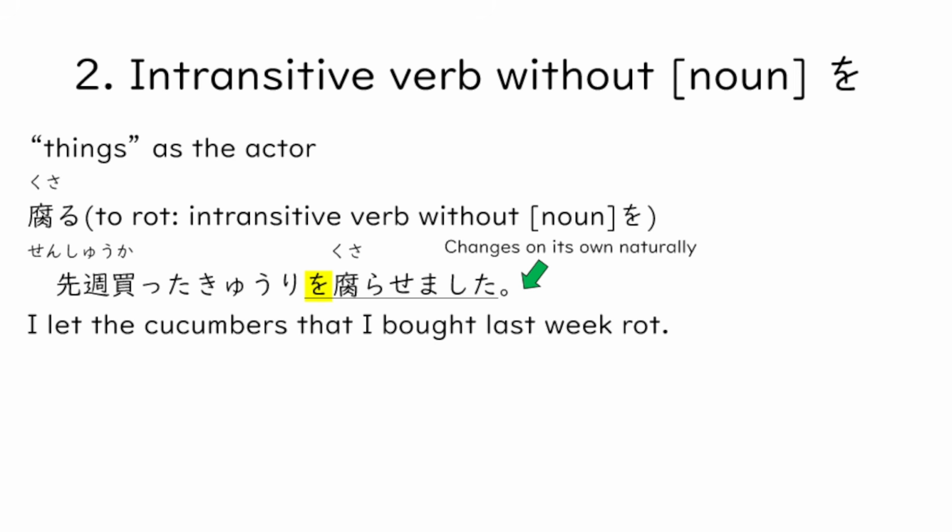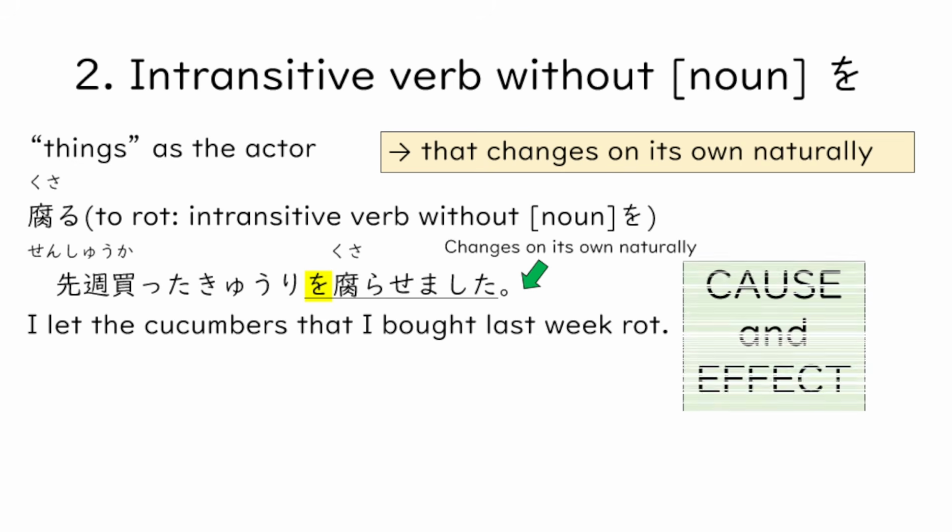This is another situation where an object can act as the actor in a causative sentence, when it undergoes a natural change on its own. You can think of this type of sentence as expressing a cause and effect relationship. The cause is that I left the cucumbers uneaten for a week after buying them, and the result is that they became rotten.